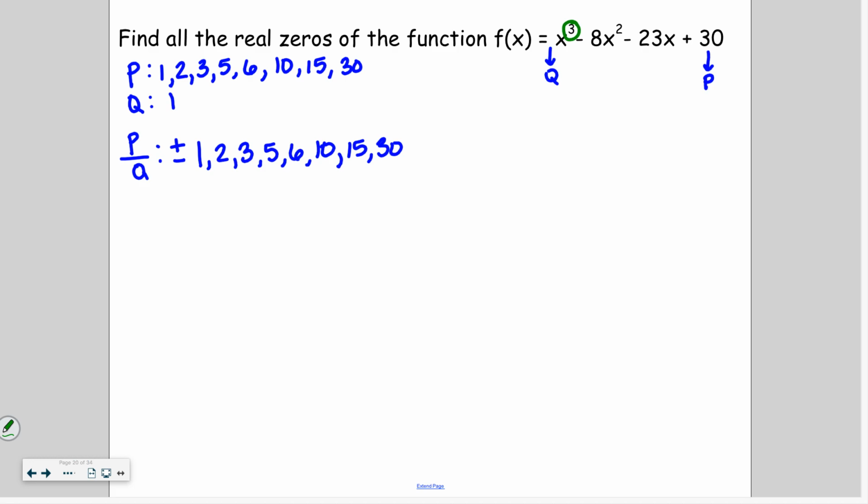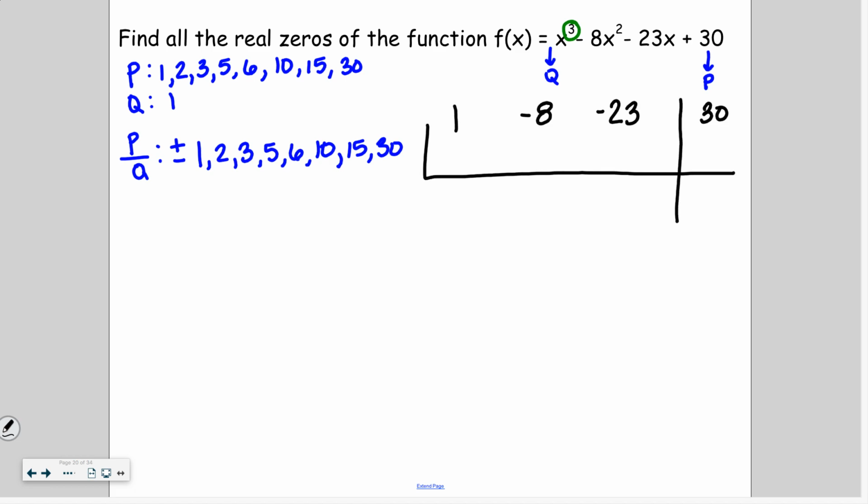So let's jump into this. So we have a 1, a -8, -23, and a 30. So I said 1, 2, 3, positive and negative. I'm going to try 2 again.